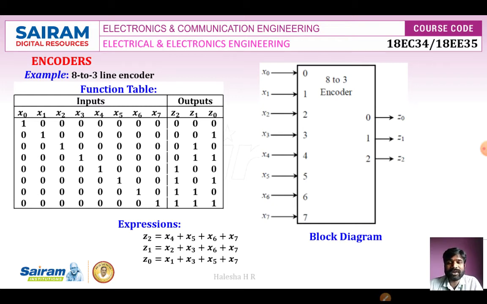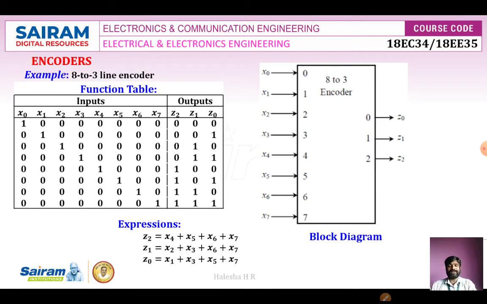Similarly, Z0 is 1 when x1 is selected, or when x3 is selected, or when x5 is selected, or when x7. So we are saying OR, where plus means summation. So the expression for Z0 is x1 plus x3 plus x5 plus x7.